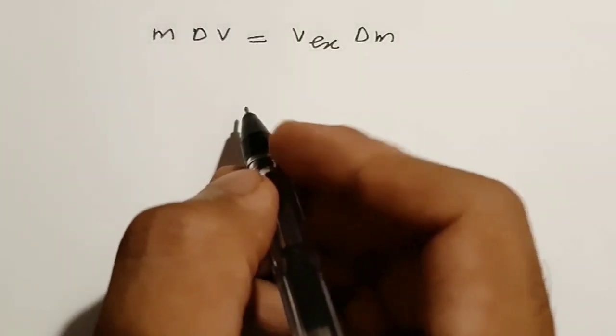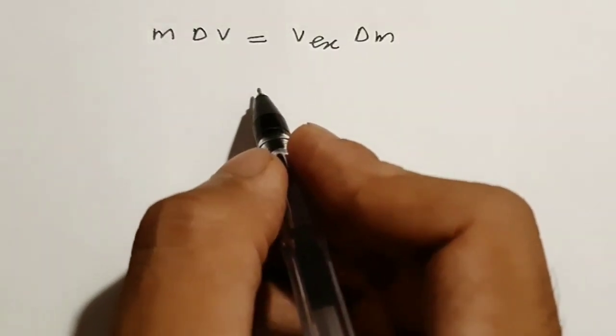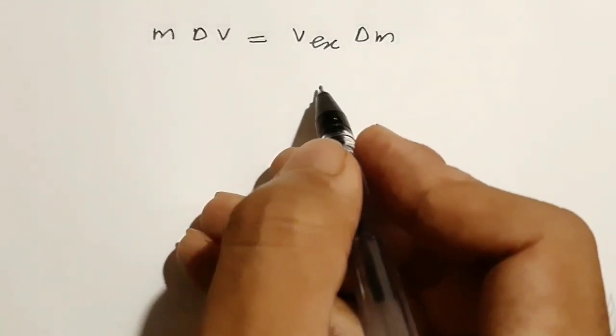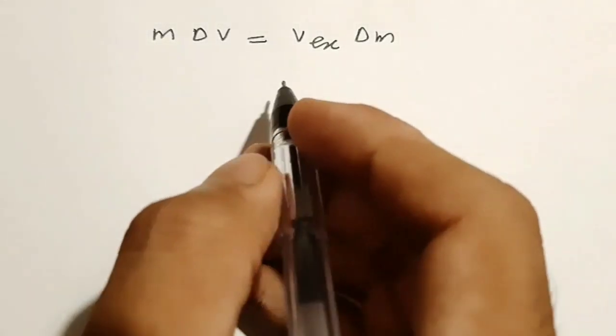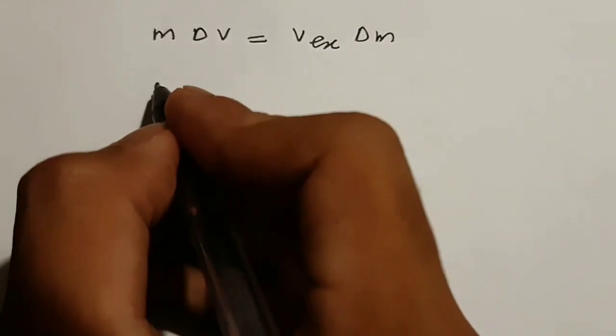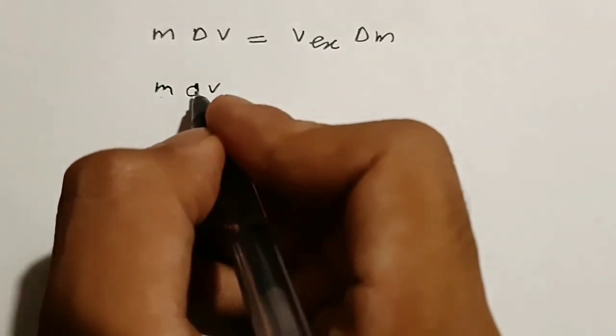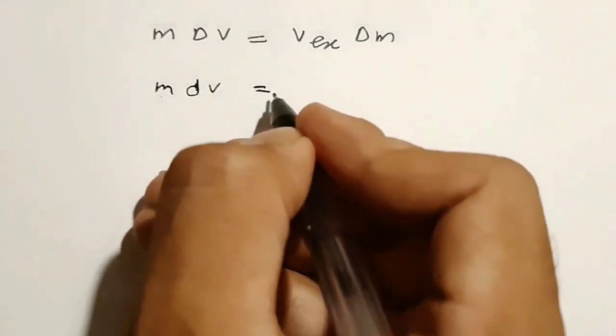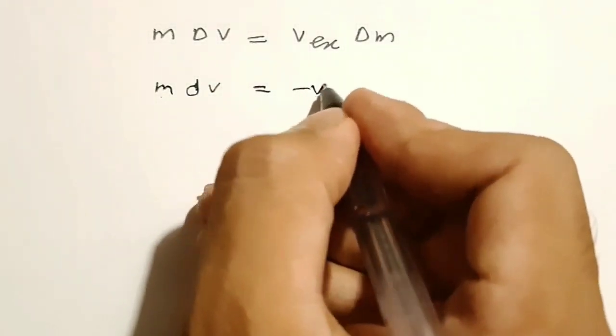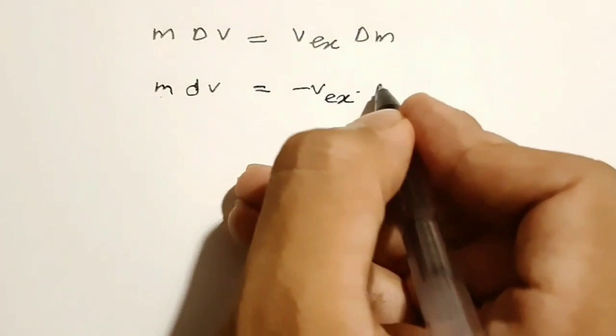From the previous equations, we can see the m times delta v term is equal to v exhaust times delta m. We can simplify this with differential equations and obtain m times dv is equal to minus v exhaust times dm.